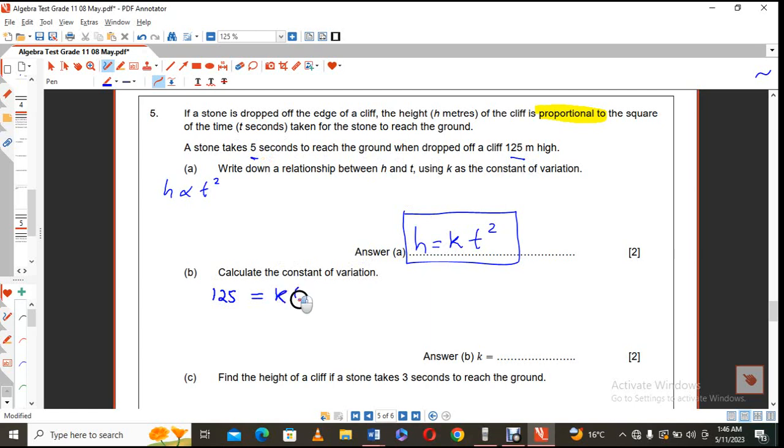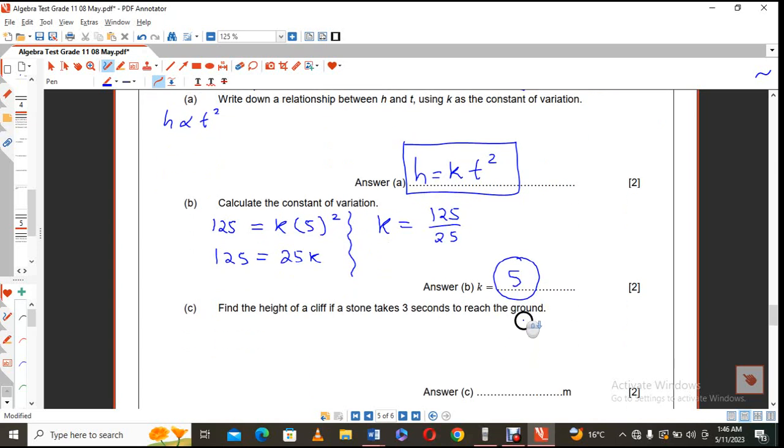The k is what I'm supposed to find. The time is 5 seconds. It should be squared. 5 times 5 is 25k over here, and that is 125. Now, in order for us to find that k, I have to say 125 divided by 25, and my k value is 5.